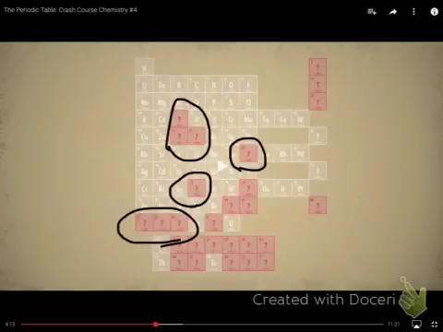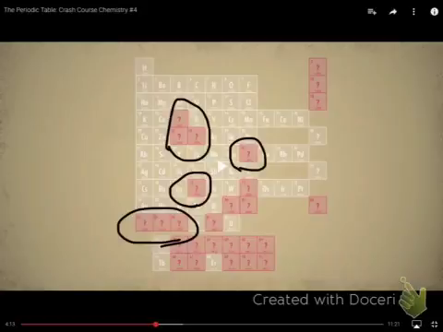He was so confident in this, and it was actually proven when germanium was discovered in later years. Its properties were an exact match to the properties that Mendeleev's table predicted. So yet another reason why this periodic table that Mendeleev had created is so awesome, with the organizational factor.